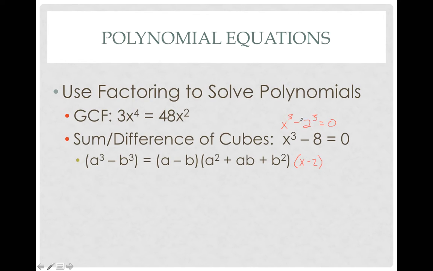X minus 2 here is my a and my b, times the first thing squared plus the first thing times the second thing, so 2 times x, plus the second thing squared, so in this case 4, which is 2 squared. And that would be factored. So we would say, okay, x equals 2, and then for this piece, you would have to use the quadratic formula in order to figure out any other answers to this statement.